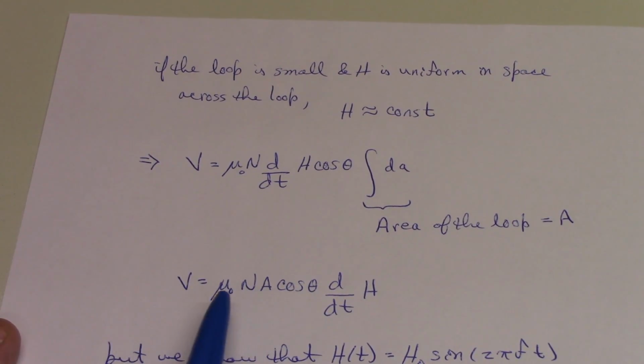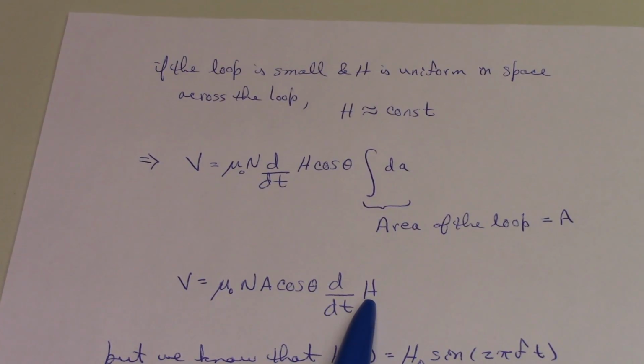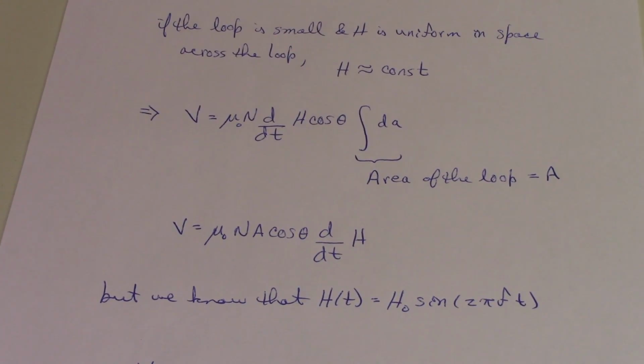So the voltage is going to be these prefactors. Notice there's a directionality prefactor that has to do with the orientation of the loop with respect to the magnetic field, and then times the time derivative of the magnetic field. Okay. But the time derivative of the magnetic field at a given point in space is just oscillatory. It's a sine wave.